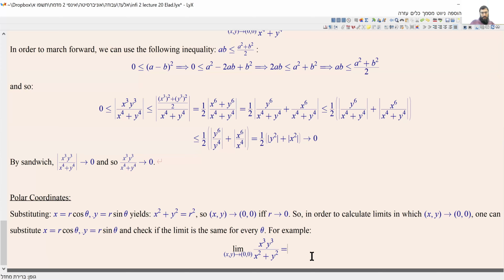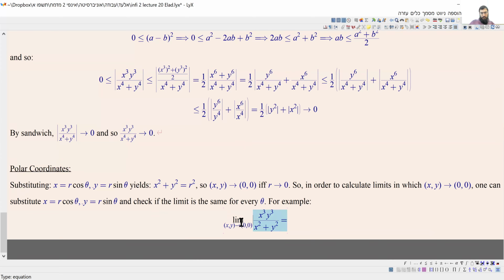If we change the coordinates, where r goes to 0, we have r cubed cosine theta cubed multiplied by r cubed sine theta cubed. X squared plus y squared is r squared.